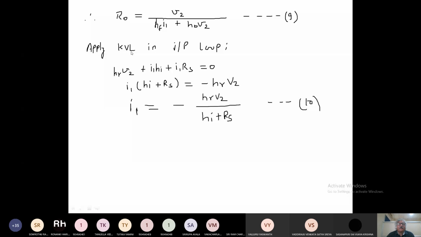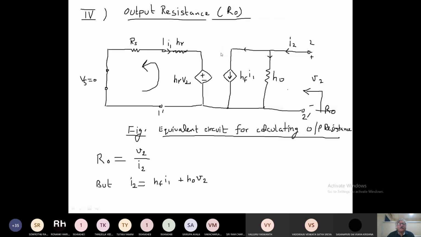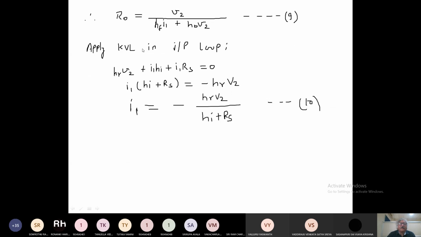Now we apply Kirchhoff's voltage law in the input loop, right? So this is the input loop. Here it is HR V2, the voltage across this resistor is I1 HI, and across this RS resistance it is I1 RS.